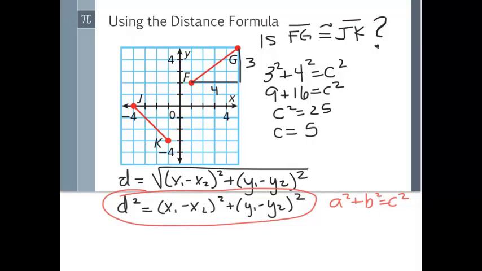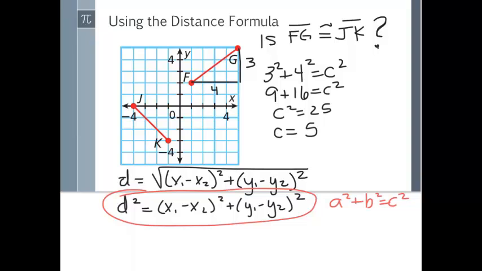So the distance from one x value to the other x value, we subtract to find that distance. And to find the distance from one y value to the other y value, we subtract to find that distance. So that x distance is the same as one of the legs of your right triangle. That y distance is the same as the other leg of your right triangle. So the distance formula and the Pythagorean theorem are really the same thing.